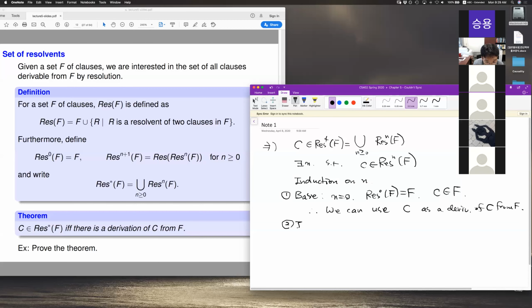Now for the inductive case, we say n is greater than 0.